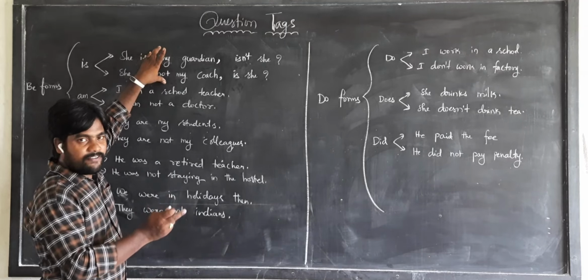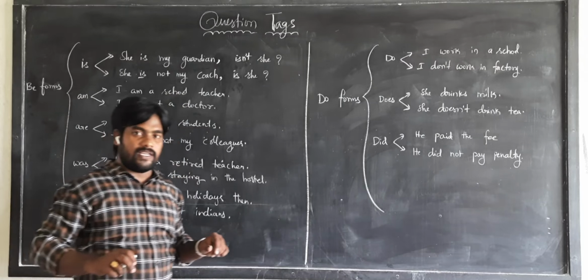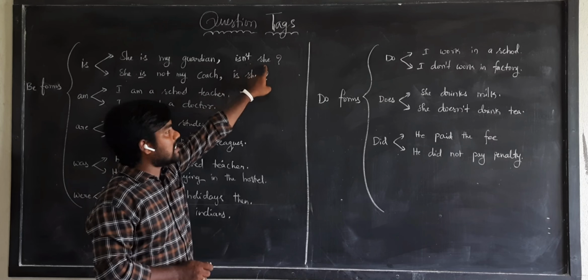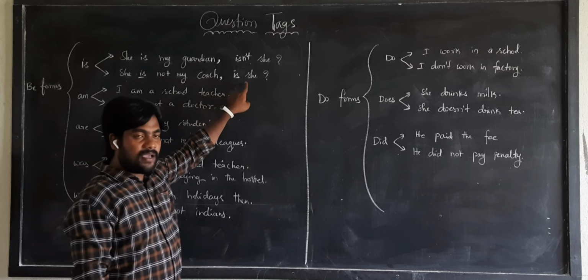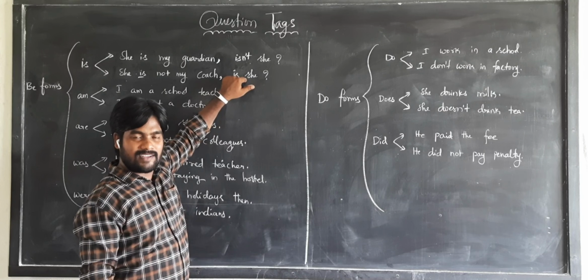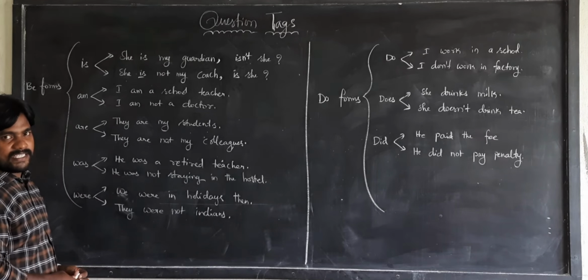Hope you understood the difference. As I told you, if you could remember the statement which I told you at the beginning: any positive statement will take a negative tag, any negative statement will take a positive tag. So with this, I think you are so clear. Am I right? Yes. Let us go to the next level.